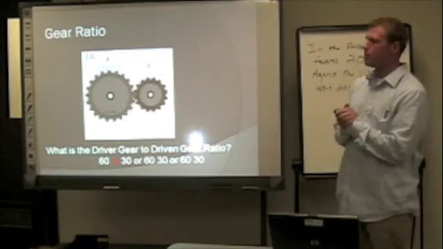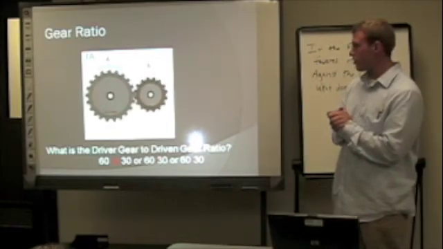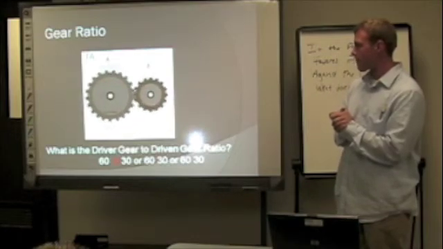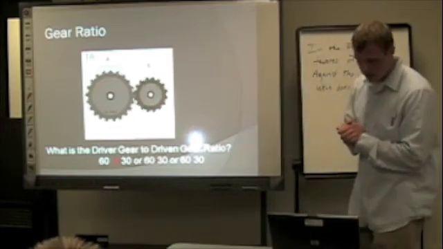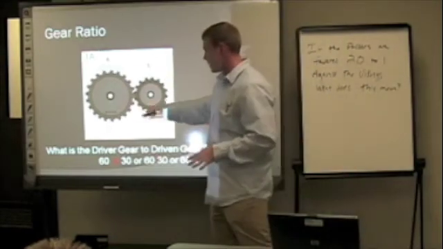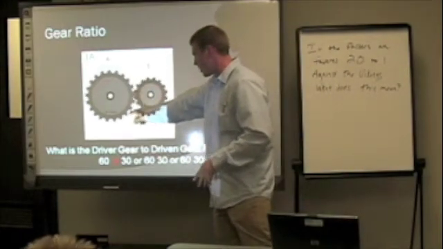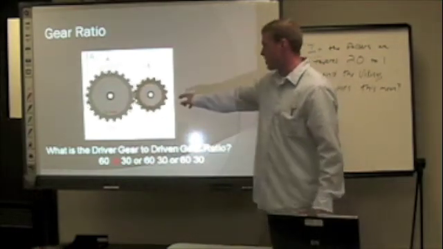All right, this is going to be touched on later on in our lessons, a few more days coming up. But this is a gear ratio, which is very common in technology. It will get touched on way more later, but it is just asking for the driver gear to the driven gear.